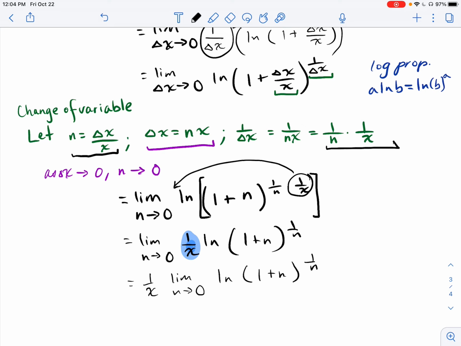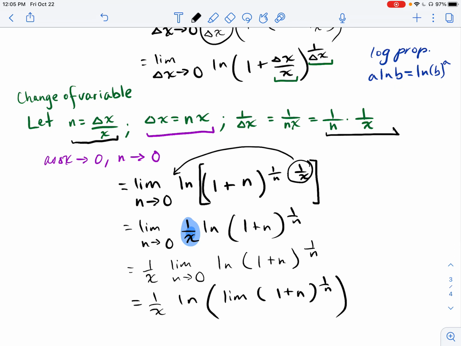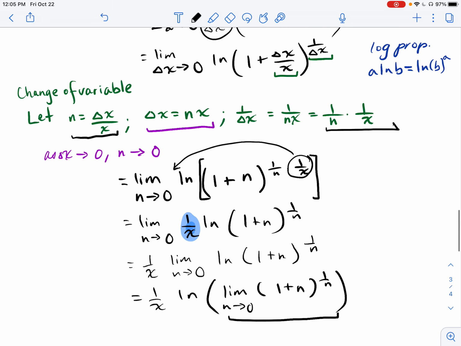I can even move the limit to the inside of this. This is an equivalent limit statement. Maybe this will really hammer this home. Ask yourself, the limit as n approaches 0, does this look at all familiar to you?